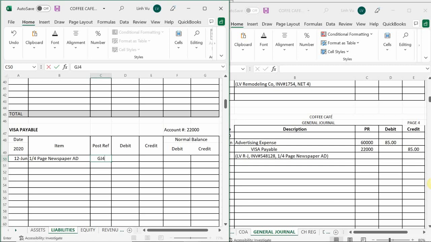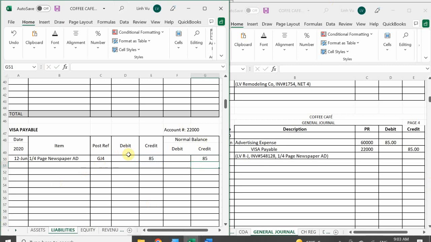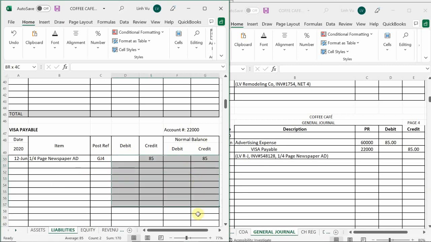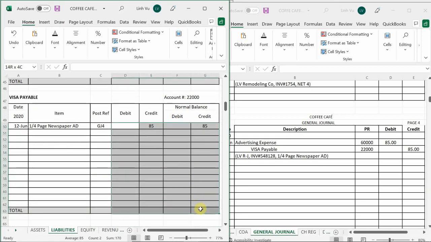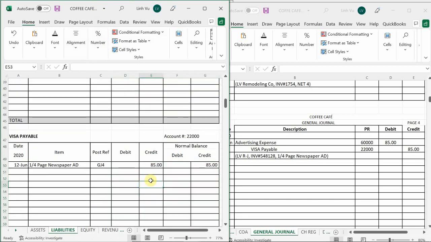So again, we're on General Journal page 4 and we just charged my credit card for $85. So therefore, my first liability, or my first charge on my card, is going to give me a total of $85. Okay.